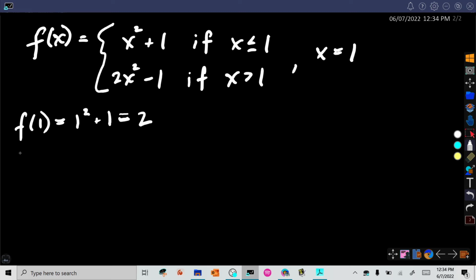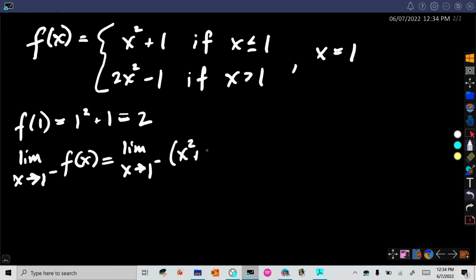So if I do the limit as x goes to 1 from the left of f of x, this is the same thing as the limit as x goes to 1 from the left of the very top function, x squared plus 1.